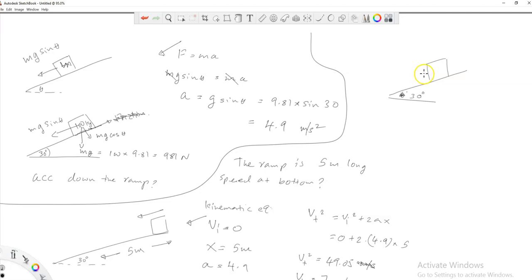How much force do you have to apply to prevent it from sliding? Let's say you're going to push back on this. You're pushing back parallel to the ramp. This angle also matters. You can push it horizontally like this, or with a different angle, whatever angle you want.